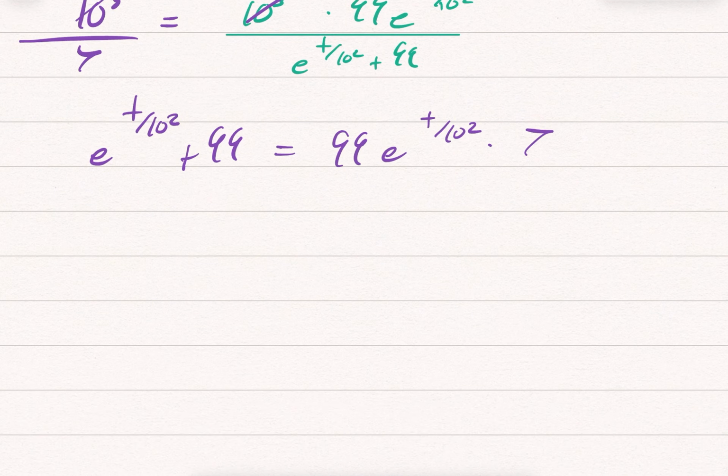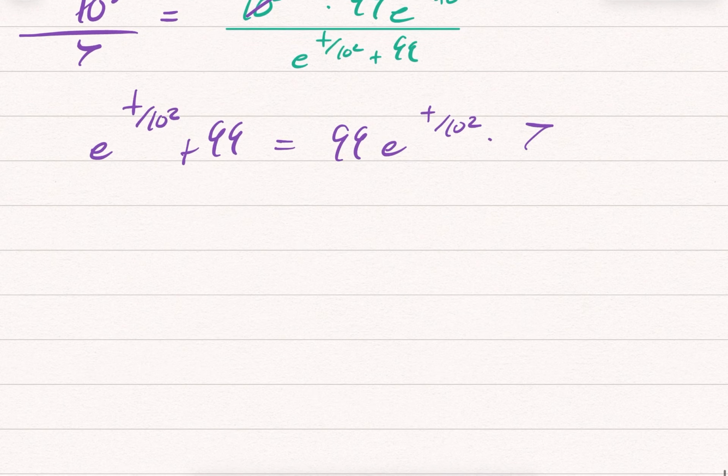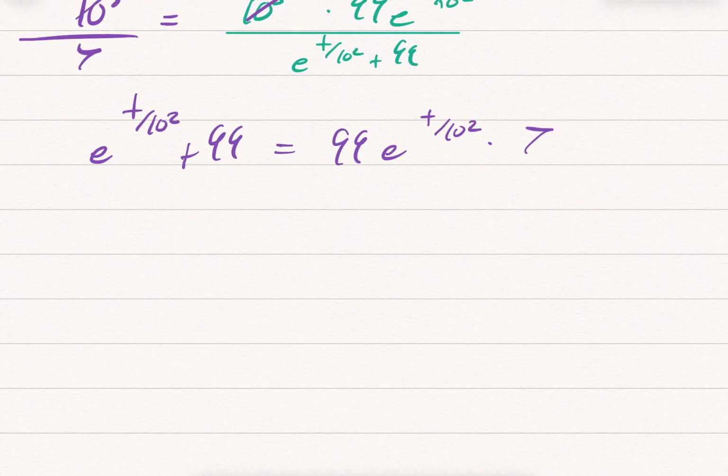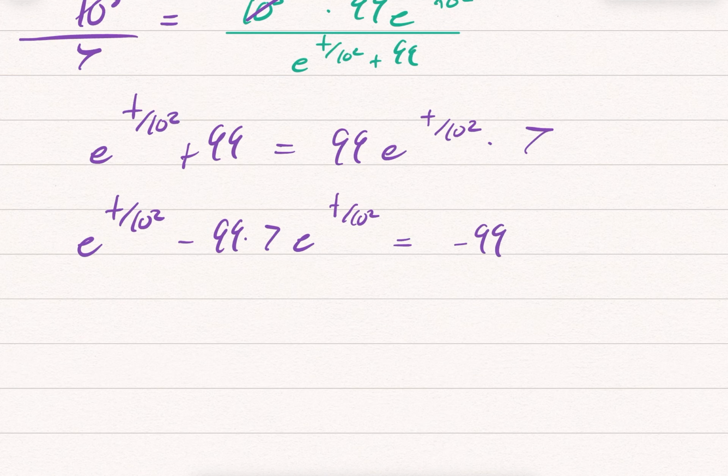Then minus 99 times 7 e^(t/10^2) equals negative 99.